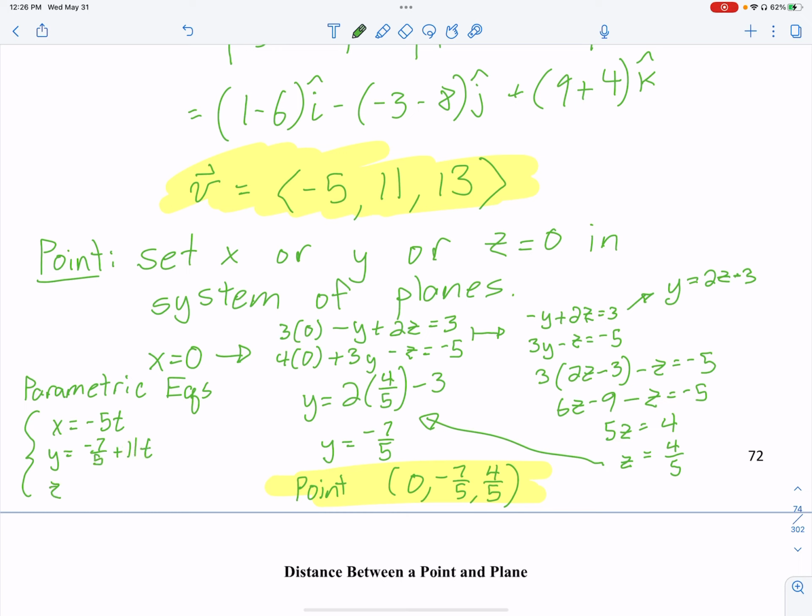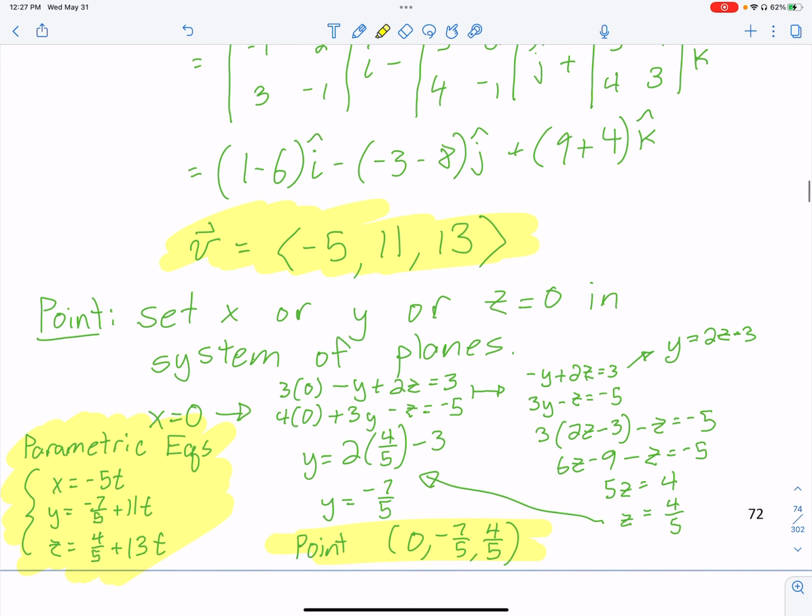And then z is going to be 13 plus 4/5. Oh, I got them backwards. Be careful not to do that. It's very easy to do that. The point first, 4/5 plus 13t. There we go. So this is our answer here at the end. Parametric equations. We could have done also symmetric if we wanted to, but parametric suffices in this problem.